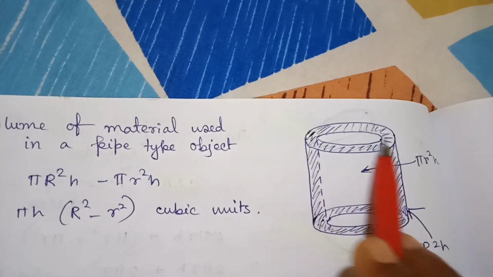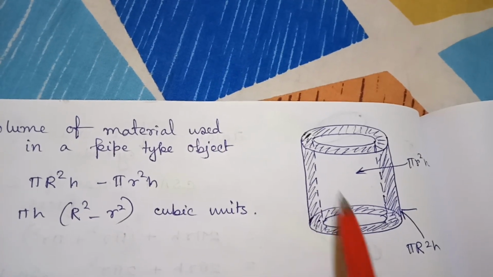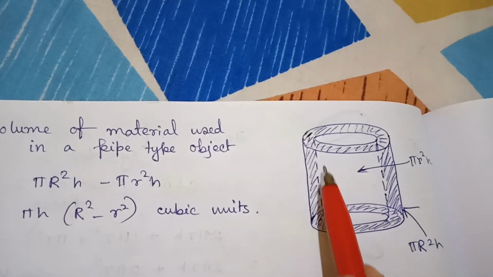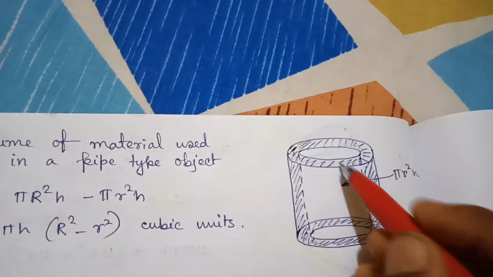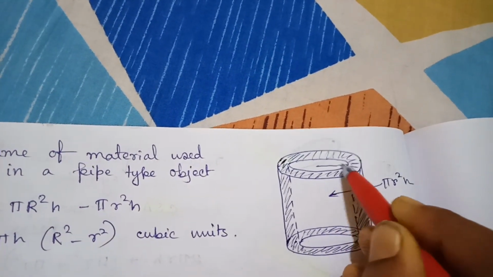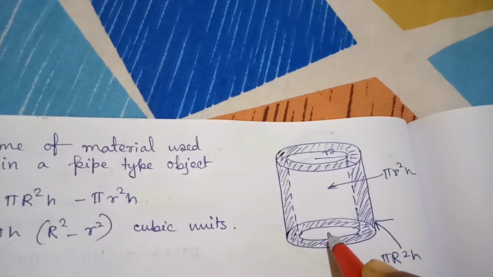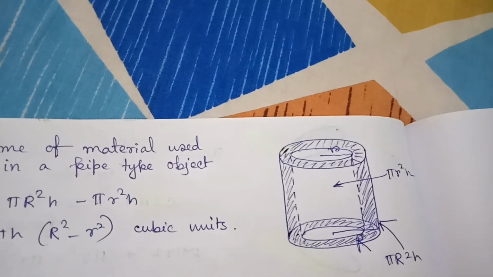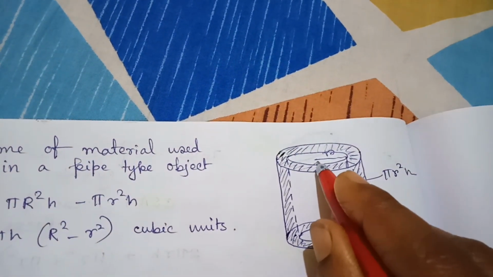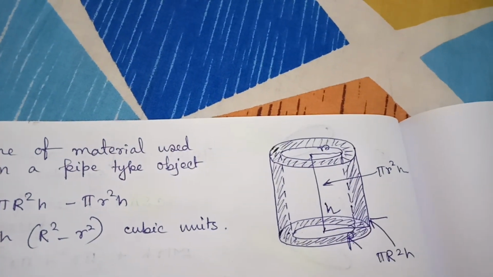Look, the shaded part is actually the material and the inside part is the empty part. Now this empty part's radius is small r and the outer radius is capital R. Height we know, height is h.